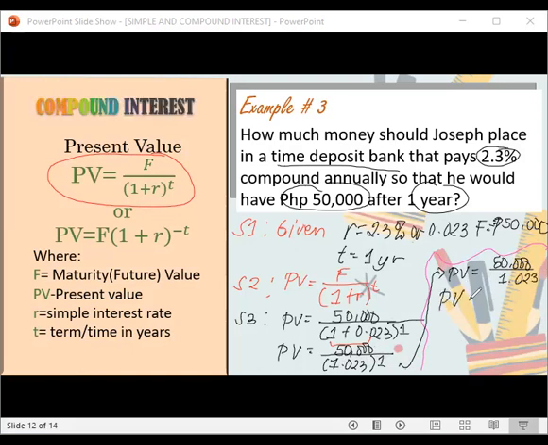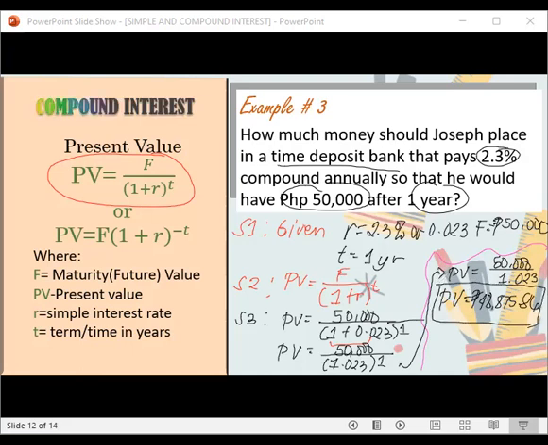Okay, last one. So, 50,000, pwede na natin ngayon ma-divide. 50,000 divided by 1.023. Ano ang final answer? The final answer is 48,875.86 pesos.